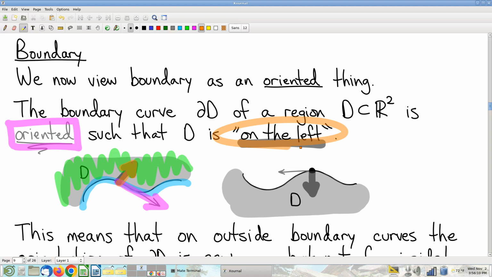And as you're walking along, notice if you're going the direction that the purple arrow goes, then the region really is on your left. Does that make sense to everybody? Whereas if you did it the wrong way, if you walked this way, the region would be on your right. That doesn't follow the rule. The rule is the region needs to be on your left. That's the rule.